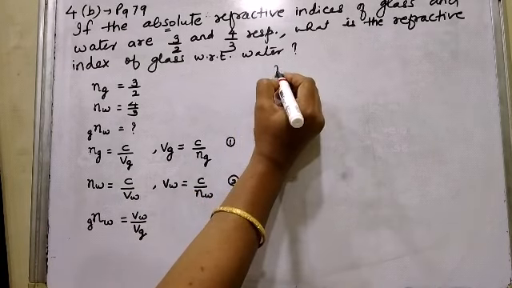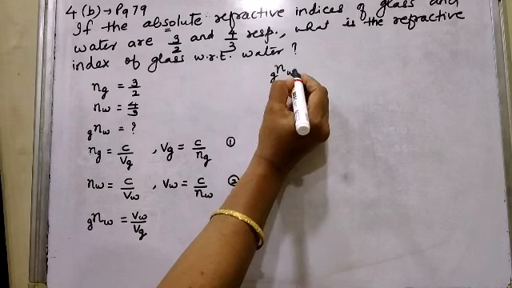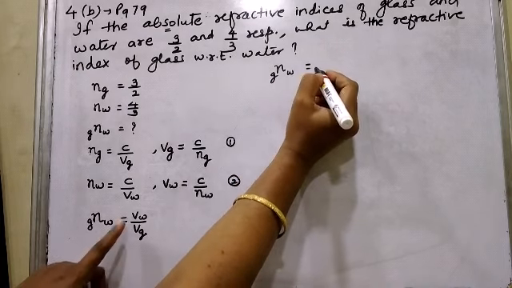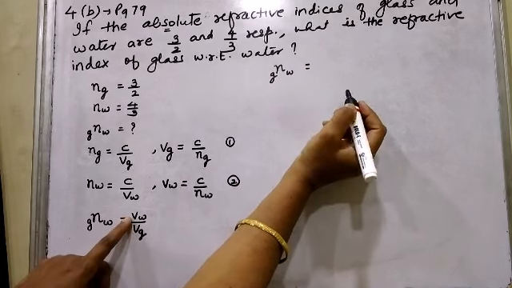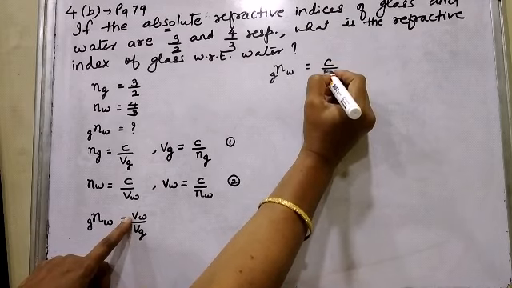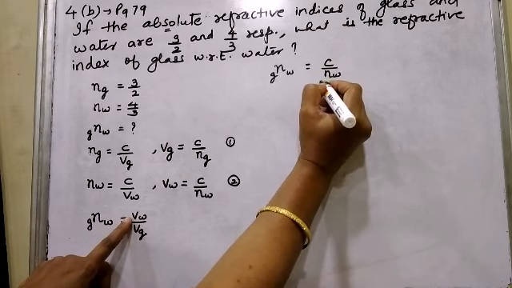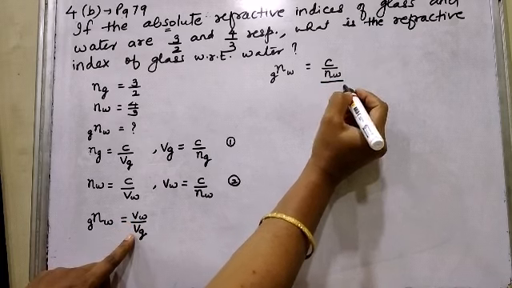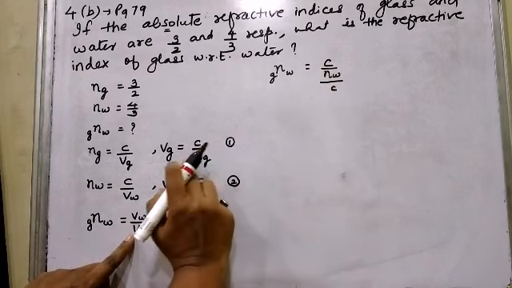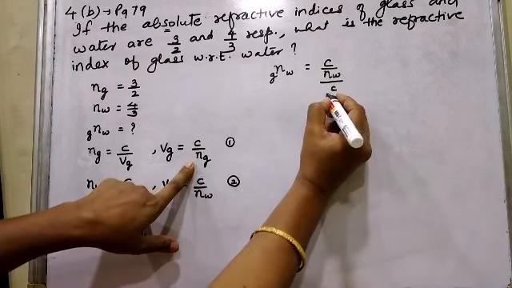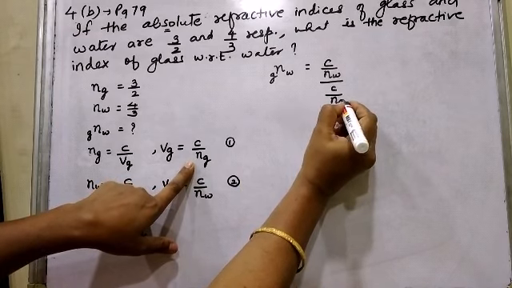So refractive index of glass with respect to water will be equal to, substituting the values, Vw, which is C upon absolute refractive index of water, upon Vg, which is C upon absolute refractive index of glass.